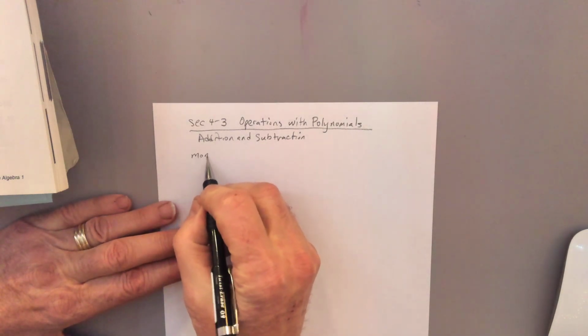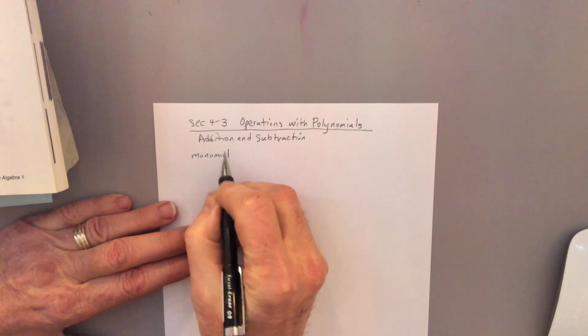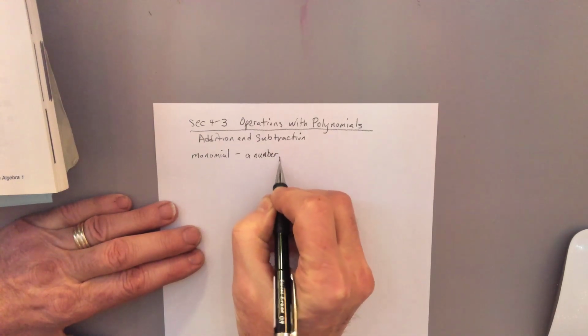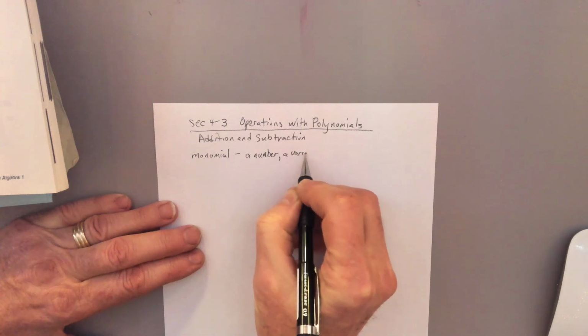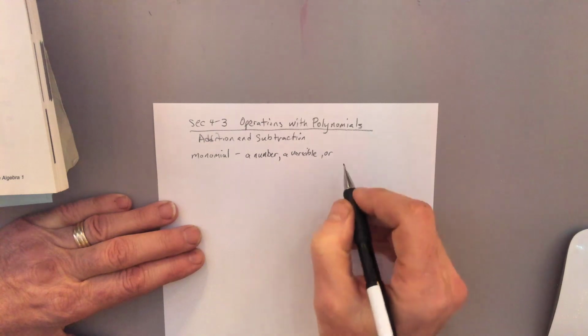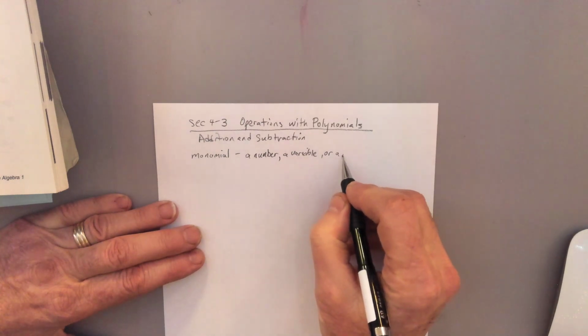Now what a monomial is, we'll just get a couple definitions to start with. A monomial is a number, a variable, or a number multiplied by a variable.